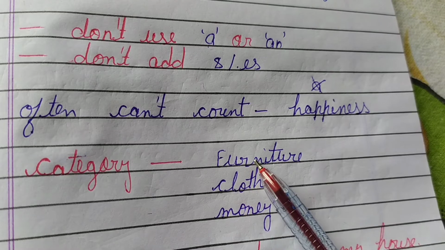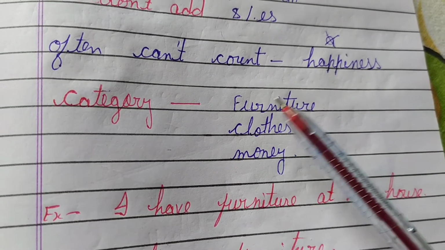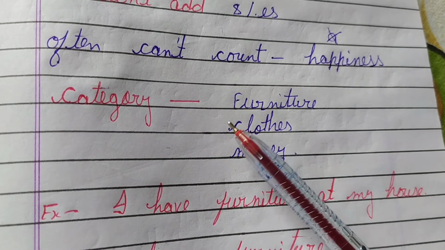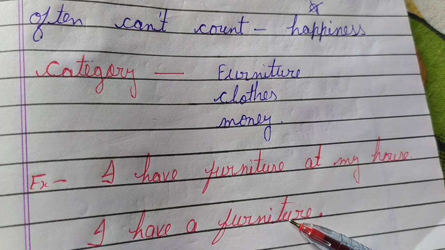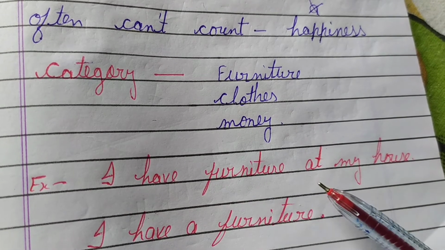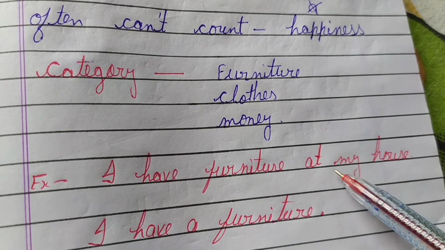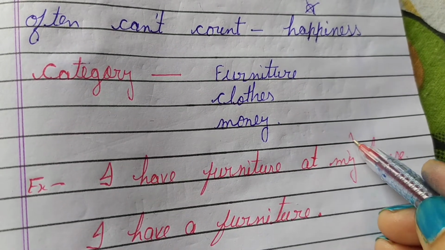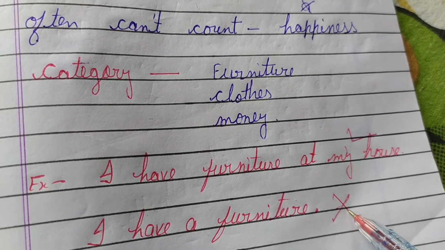For example, you can say, I have furniture at my house. I do not say I have a furniture. Okay, I have furniture at my house. This is right and this is wrong. Why?